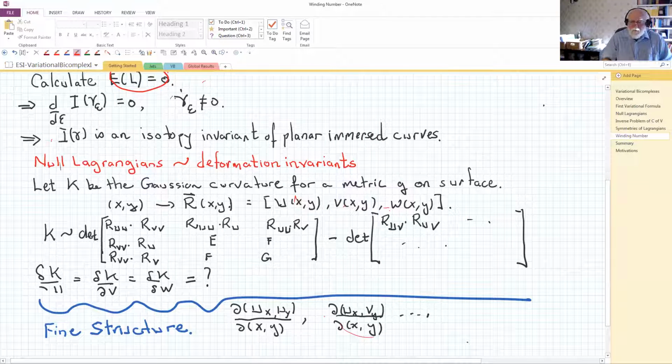And again, this is going back to some of the fine structure that you have available to you when you're studying null Lagrangians. So the fact that this is a null Lagrangian and some general theory about null Lagrangians predicts for you the algebraic structure of what K can look like at highest order derivatives.